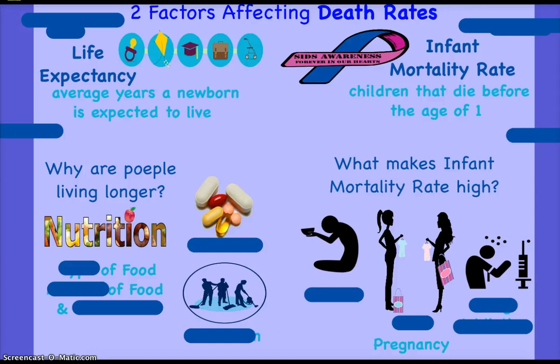So why are people living longer? We know the answer, flat out: medicine. The invention of medicine led to an increase in life expectancy by almost 15 years. What else? What was the first shift? Agriculture. So it's not just about food, guys. It's about the type of food. A lot of countries can provide food to their people, but it's not food with the proper nutrition, which leads to health issues.